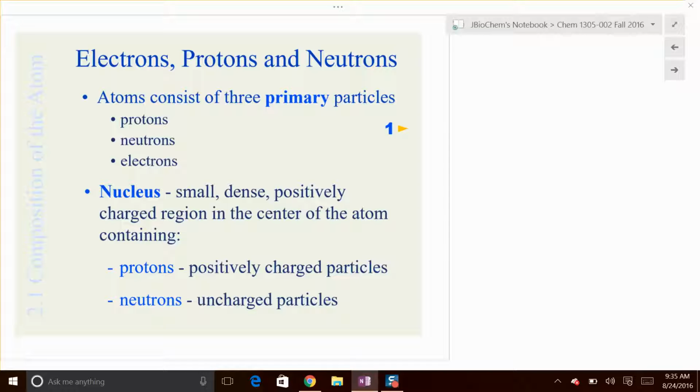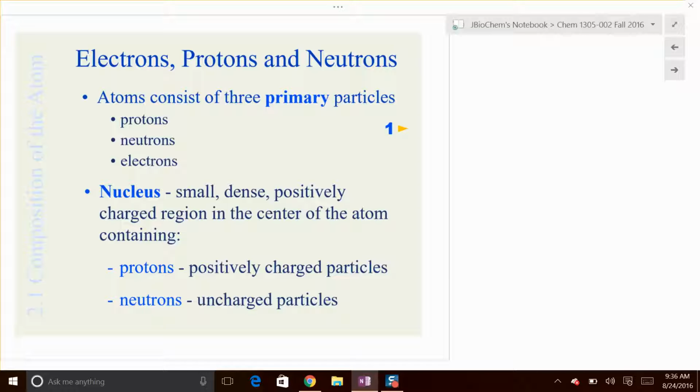The nucleus of an atom is a small, dense, positively charged region in the center of the atom that contains the protons and the neutrons. That's why it's positively charged, because protons are positively charged particles. Neutrons have no charge. So the only charges there are from the protons, and therefore the nucleus is positively charged. It's dense, it's small, and it's tightly packed.